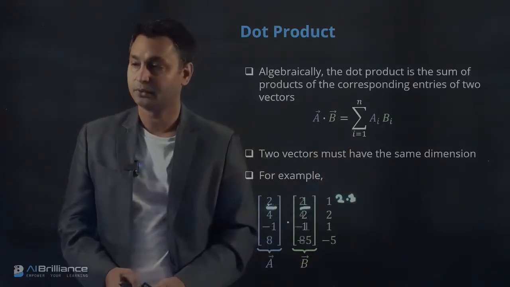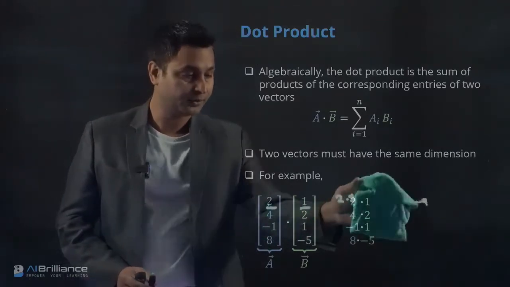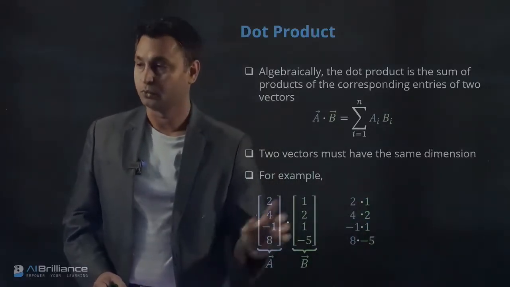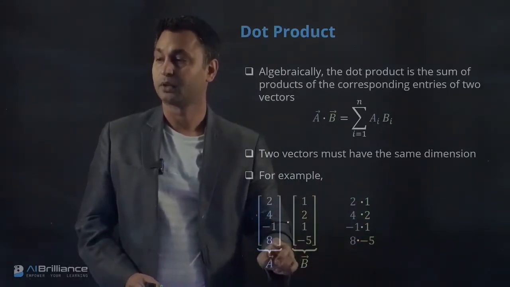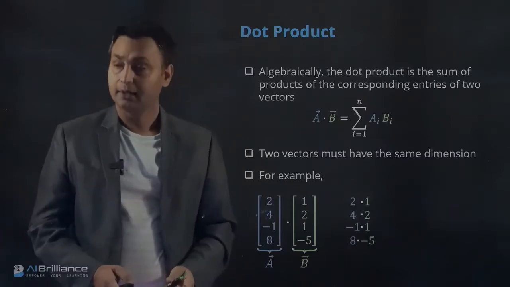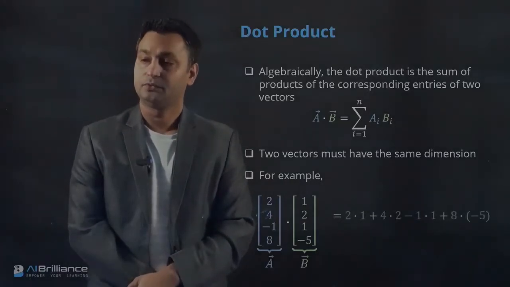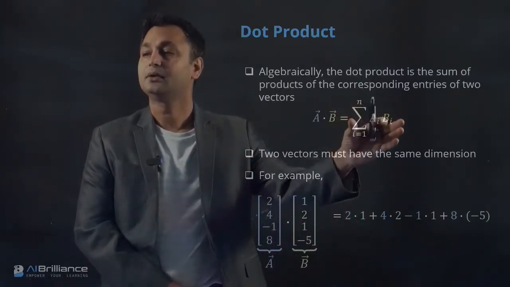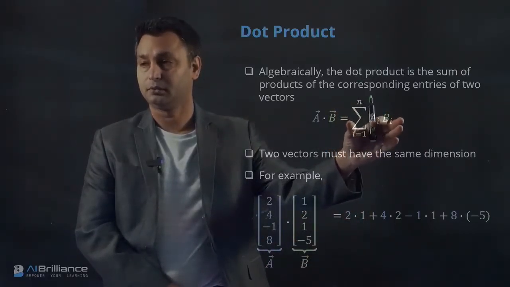So essentially we take the corresponding elements, multiply each pair together, 2 and 1, 4 and 2, minus 1 and 1, 8 and minus 5, and then add them together. If we add them together, we get this equation, which is implementing the equation form numerically.